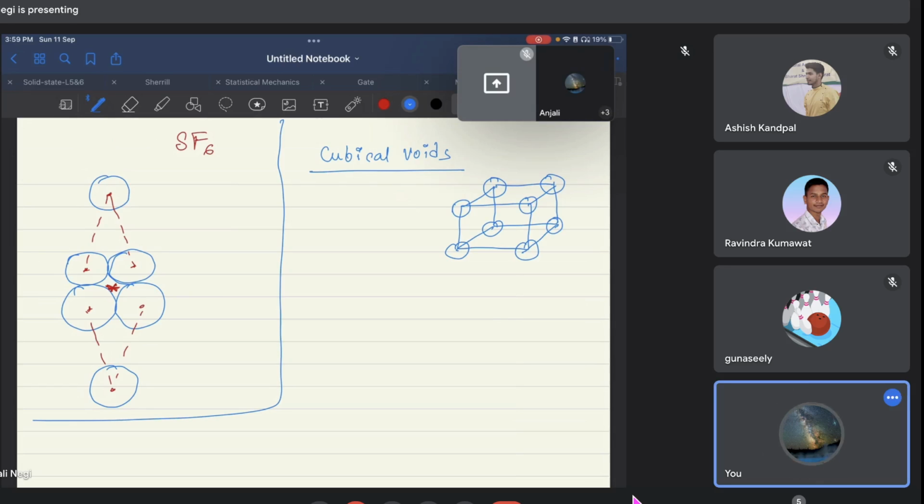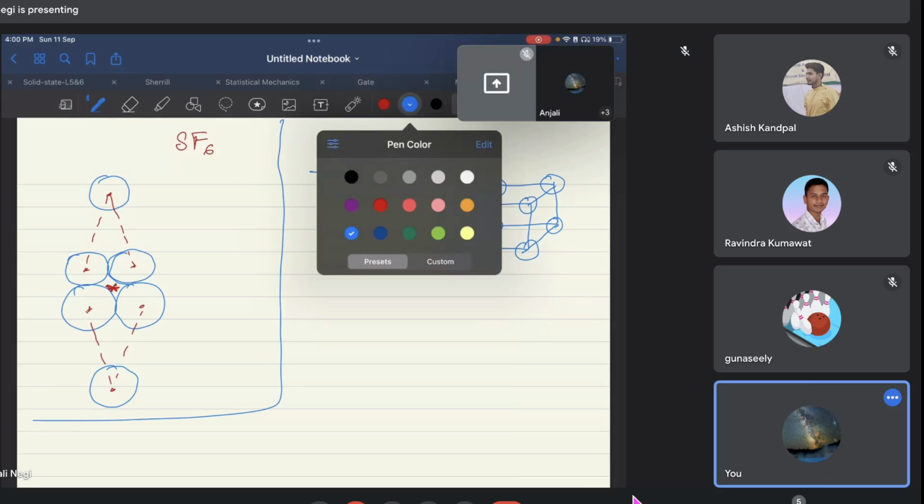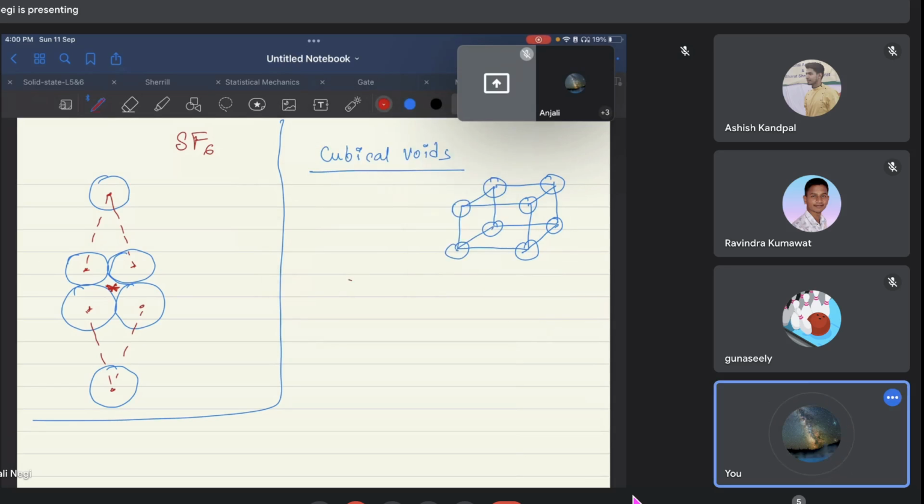So this will be something like, okay, 1, 2, 3, 4, and the next atom or molecule will be on top of this. So this is the void which is known as a cubical void.